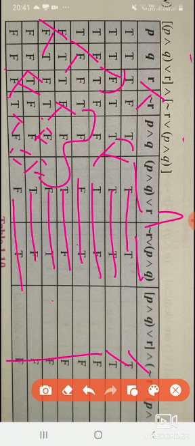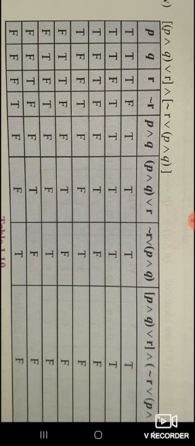So we only have to see the number of statements. If P and Q are there, only 4 rows are going to come. If P, Q, R are given, you are going to get 8 rows. Using the table you are going to solve this.